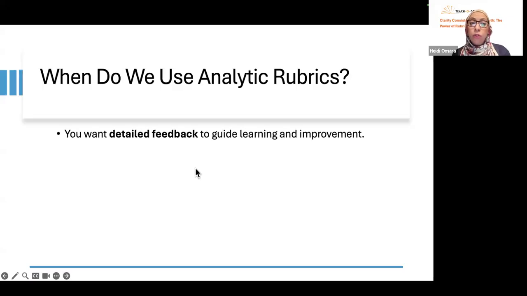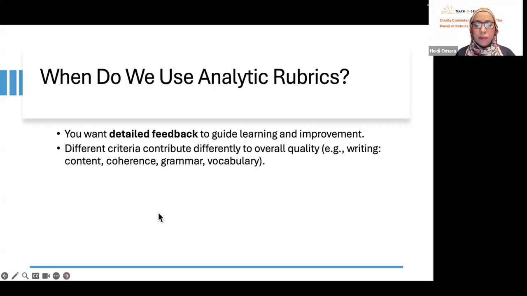If you go for the analytic rubric, you want detailed feedback. Your learners need detailed feedback. They want to know exactly what they missed. Why are they losing marks? Then it's the analytic rubric. Different criteria contribute differently to overall quality. So I have got writing.